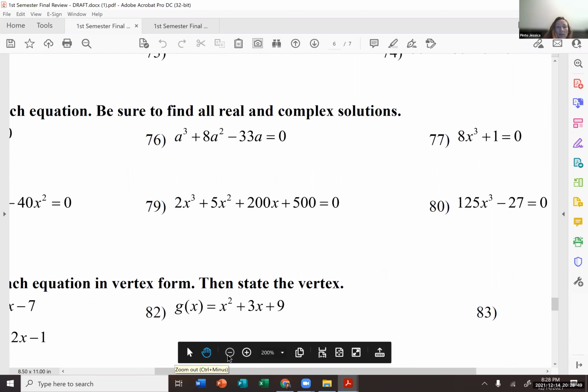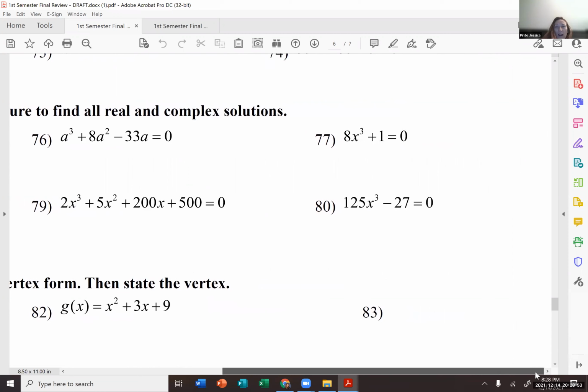All right, so 77 is the sum of 2 cubes. And so that's the one where we've got to have that special factoring pattern where we take the cube root. And then we'll do 34 and 46 after. So when I take the cube root, I get 2x. And then of course, cube root of 1 is just plus 1.